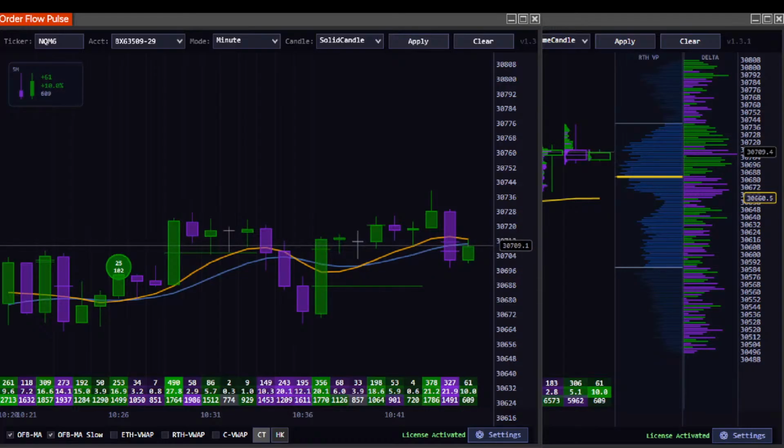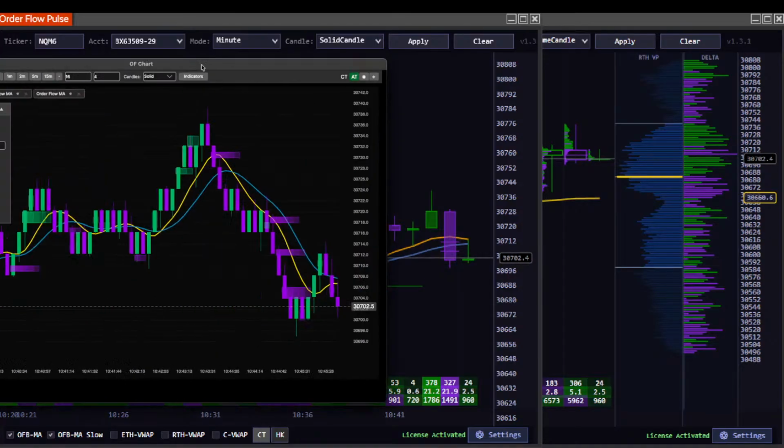I need to get the win rate up on this high frequency trader, man. It says 707, but that's not correct. That's 665. So I don't know what's up with you, man. I think my VWAP is off.